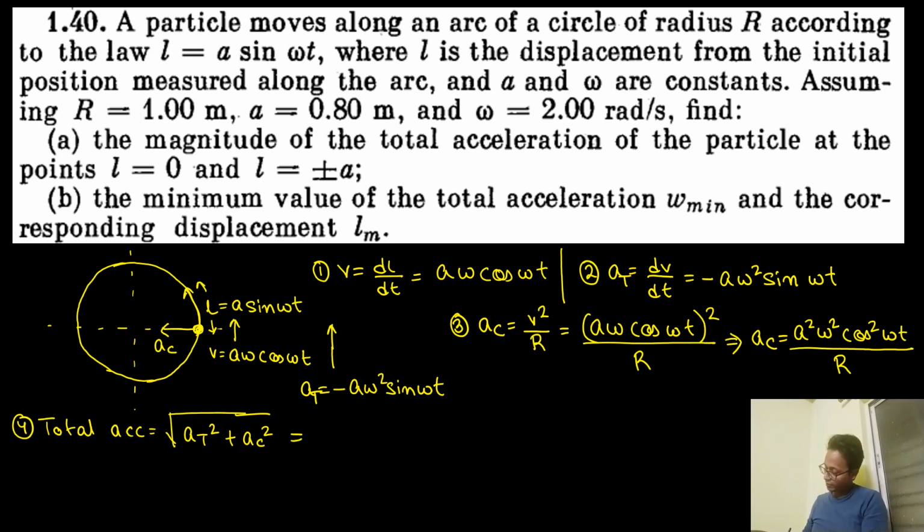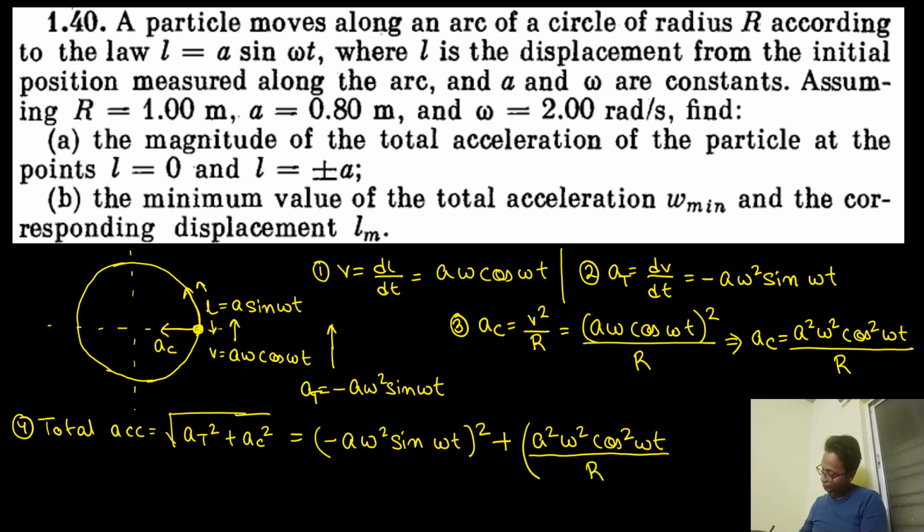What is the value of tangential acceleration? Minus a omega square sine omega t, whole square. What is the value of centripetal acceleration? A square omega square cos square omega t divided by r, whole square. Okay, this is the value of total acceleration.